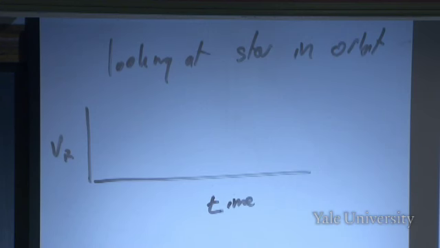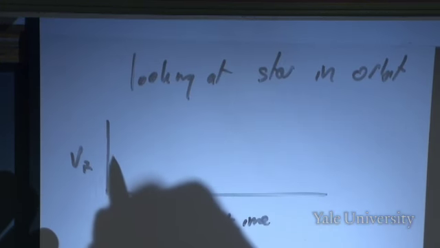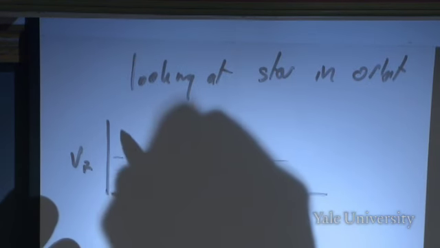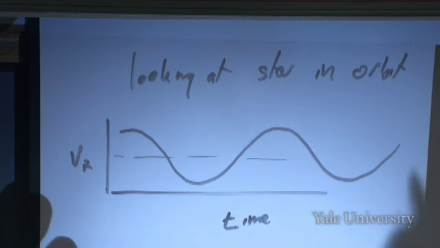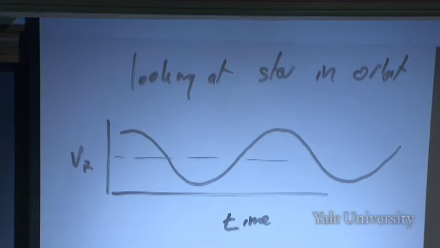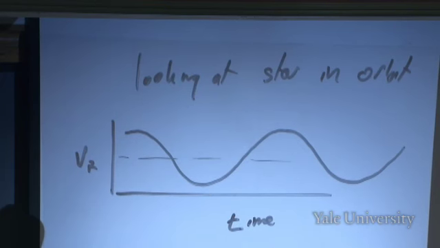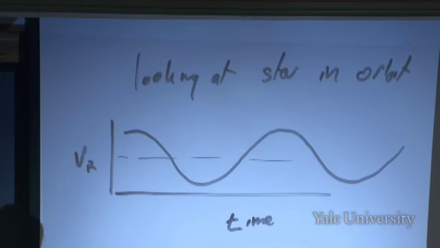Then it comes back and it comes towards you, turns around and goes the other way. So the radial velocity will change from positive to negative and back as the object first comes towards you, then away from you. And so it'll look like this if you make a whole bunch of observations of this. And it turns out that for circular orbits, this is a sine wave.